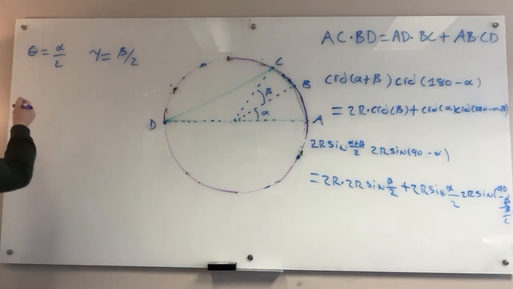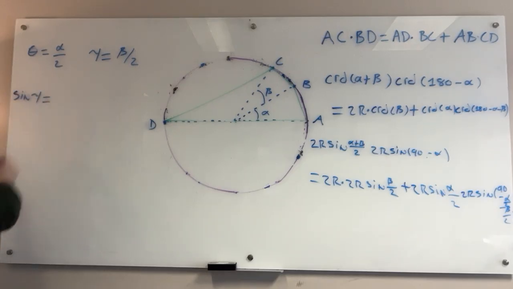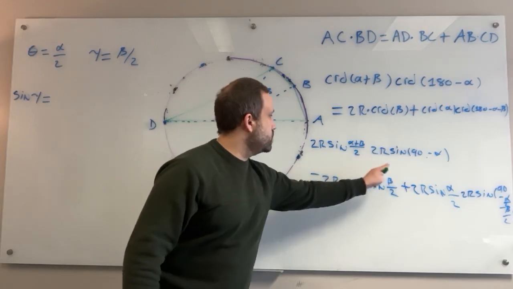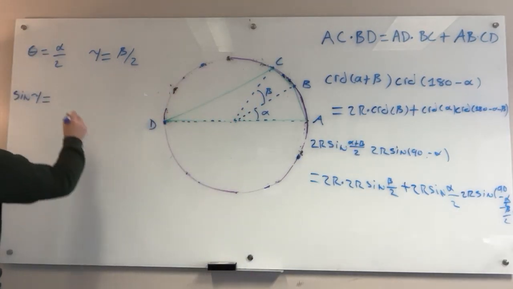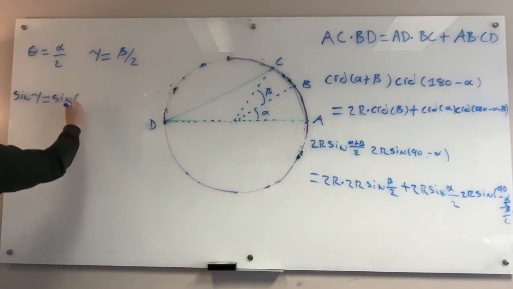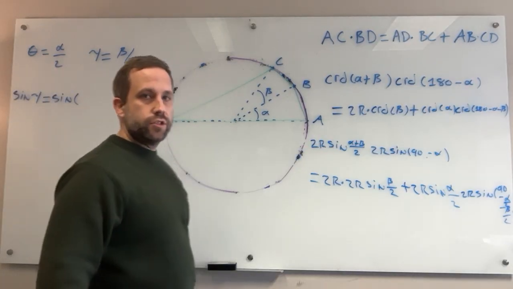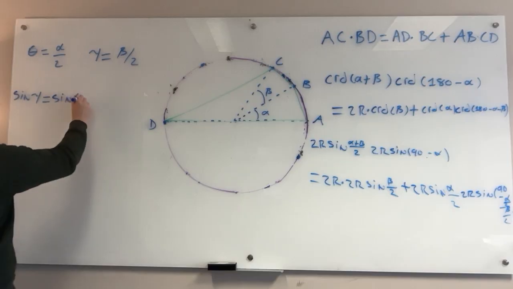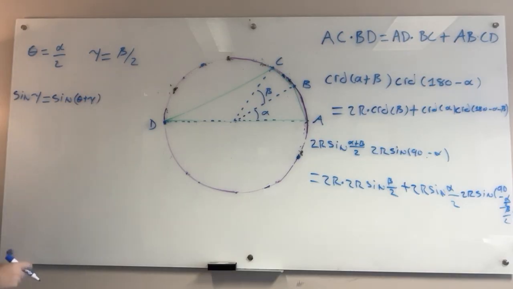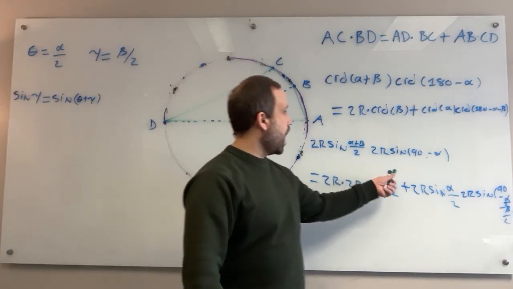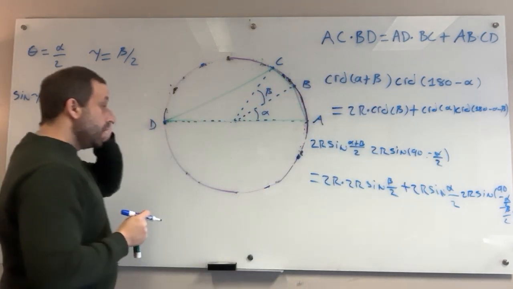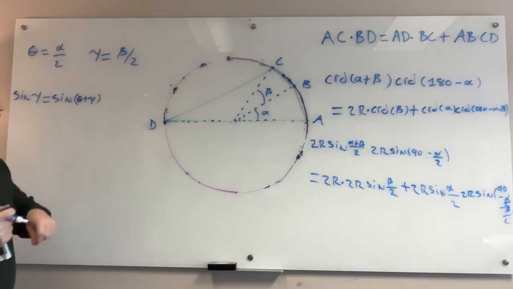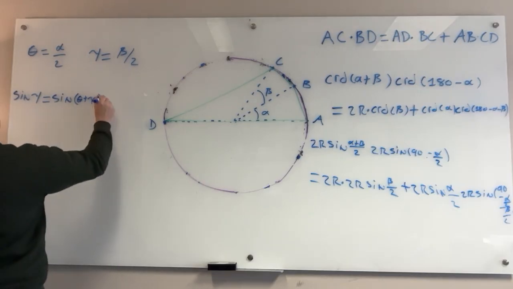So sine beta over 2, that's going to be sine gamma. Sine gamma is going to be equal to this, which is sine of theta plus gamma. Okay, so alpha plus beta over 2 is theta plus gamma. Now, this should say sine of 90 minus alpha over 2. Sine of 90 minus an angle is cosine of that angle. So this is going to be cosine theta.